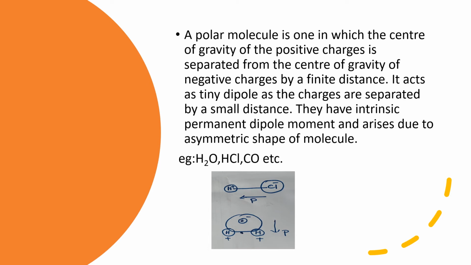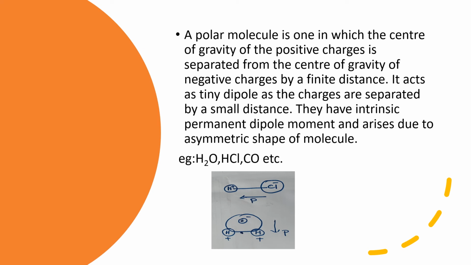A polar molecule means positive and negative charges separated by a distance. A polar molecule is one in which the center of mass of the positive charges is separated from the center of mass of the negative charges by a finite distance.